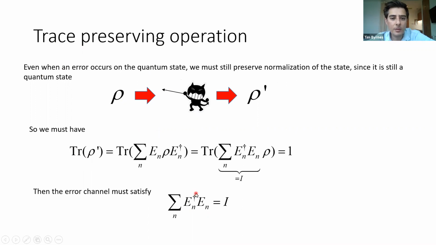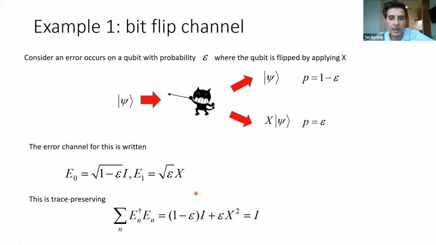Okay, so that's a little bit abstract. So let's give a couple of examples of errors. One quite common type of error is the so-called bit flip channel. It's easy to understand.